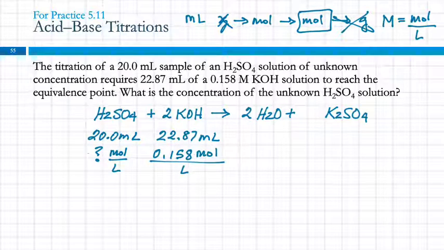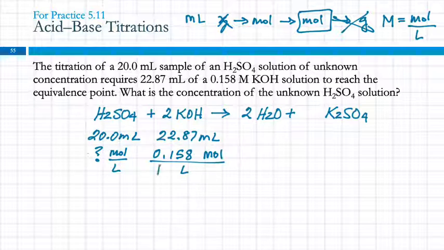So we've got liters and milliliters. So I'm going to introduce you to my friend millimole. So I'm going to rewrite this a little bit. So I have that concentration, moles per liter.